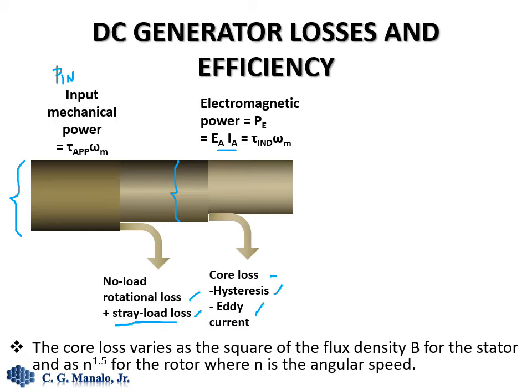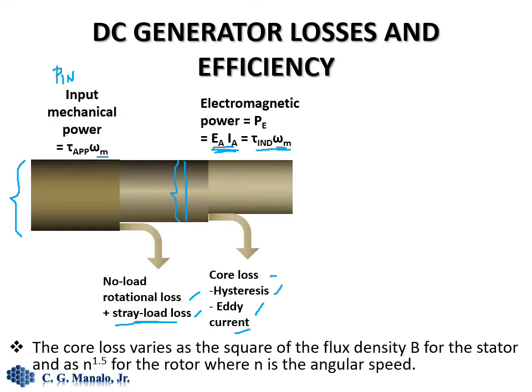So this power less the core loss results in the power that is outputted by the armature circuit, which is actually measured as E sub A, I sub A. So this is now electrical in nature, but this has a mechanical equivalent, and that is the induced torque of the armature times the mechanical speed, which is the same speed as the shaft speed.